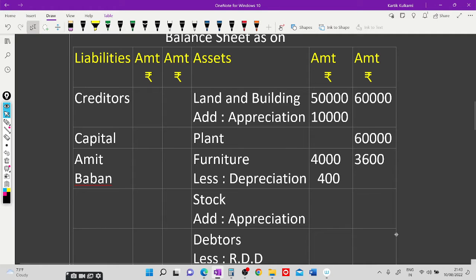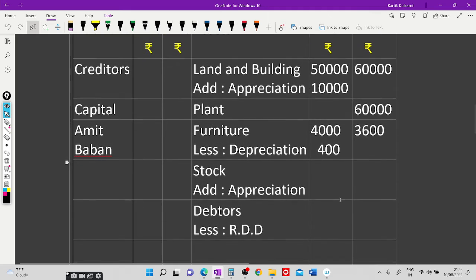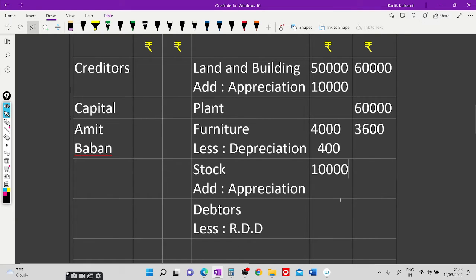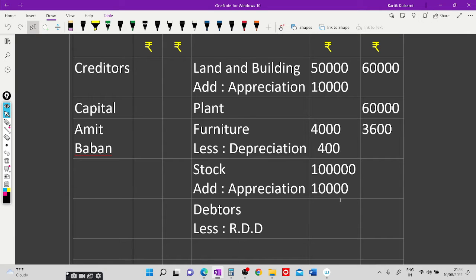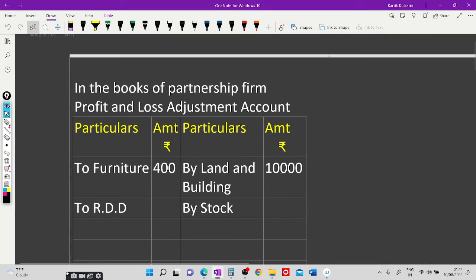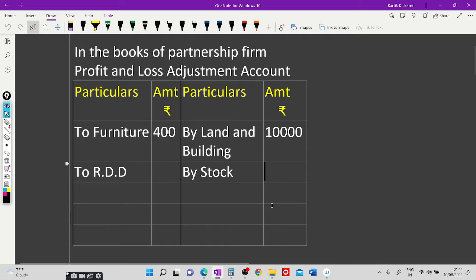So stock, inner column we will write 1 lakh and it is increased by 10,000. So the final value will be 1,10,000. Now the 10,000 will appear as an effect on the credit side of the revaluation or profit and loss adjustment account, because increase in value of an asset is credited to profit and loss adjustment account.